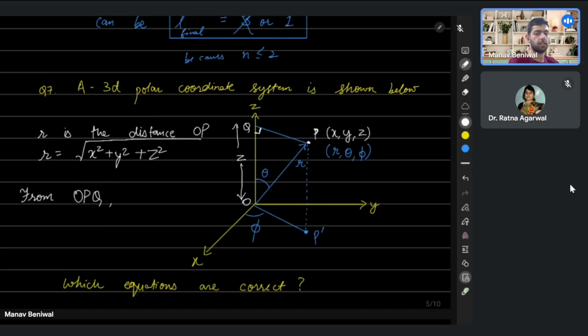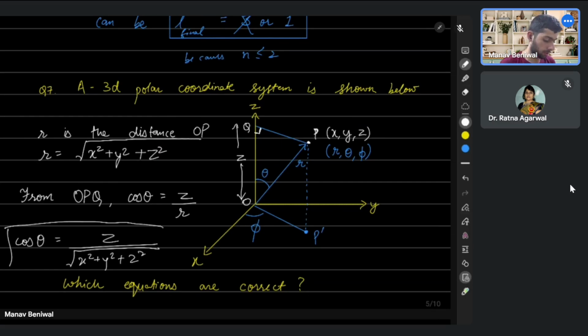We can write cos theta, and cos theta is base upon hypotenuse, right? Here base is z and hypotenuse is r. So we can write cos theta to be z upon under root x squared plus y squared plus z squared. So we have found cos theta.